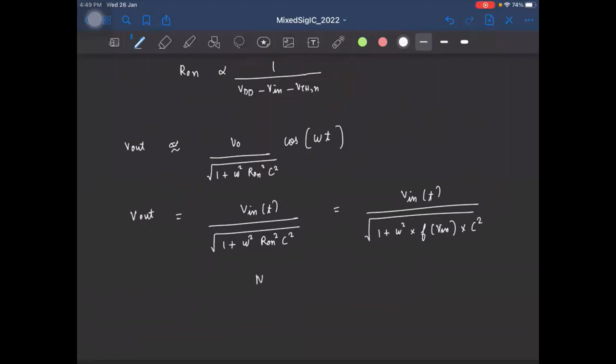This straight away introduces non-linearity. If you take this track and hold circuit and give a sinusoidal signal, and take these samples and look at the spectrum, it will contain all the harmonics of the input frequency.